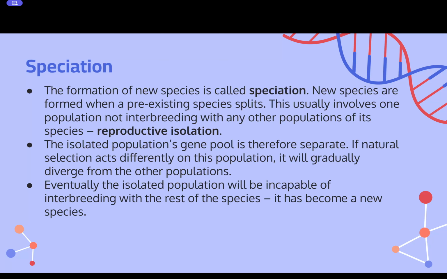Natural selection will act differently on this population, and it will diverge gradually from other populations, and eventually this isolated population can't interbreed with the rest, since their gene pool is completely different, so it becomes a whole new species.